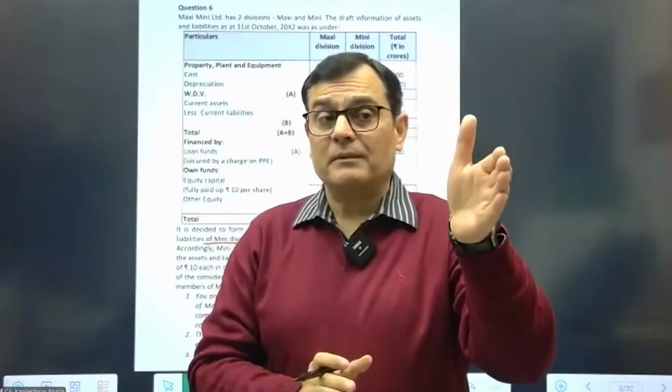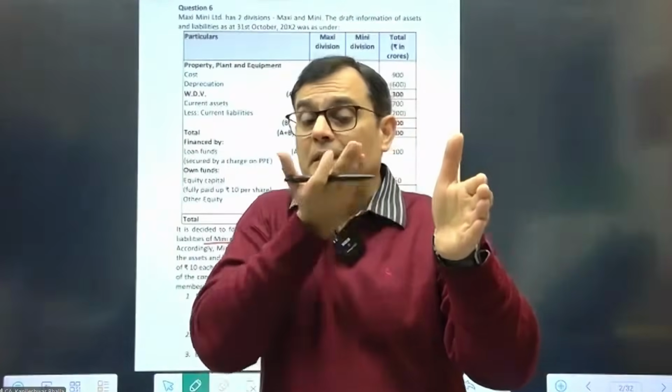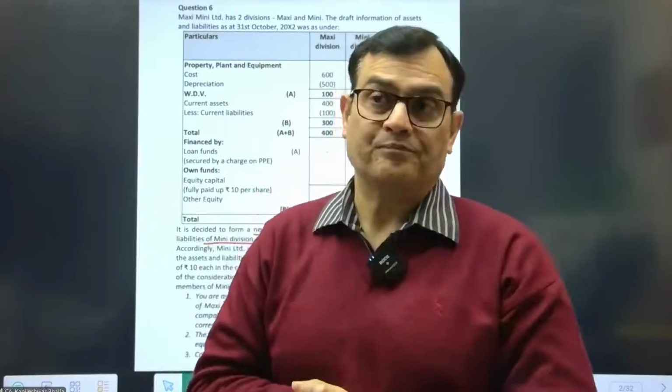putting the entry. Now, when you create a separate company, that means in the company Maxi Mini, when you take out that Mini division and create a separate company, the shares of Mini are given to the shareholders of Maxi Mini itself. So the shareholders of Maxi Mini would also become the shareholders of Mini as well. Once they become the shareholders of both companies, you can say both companies come under the common control of the shareholder.